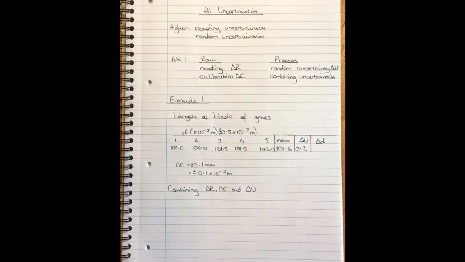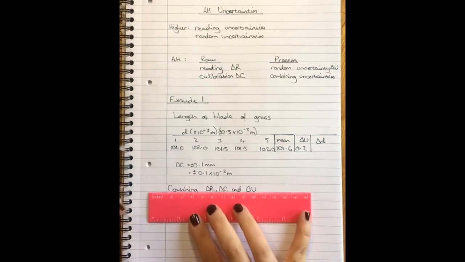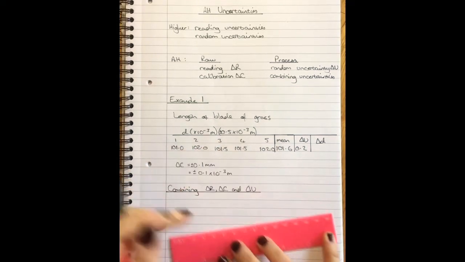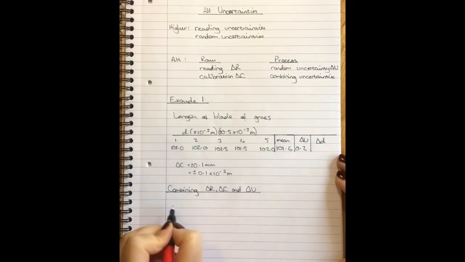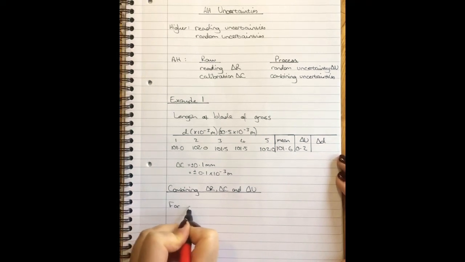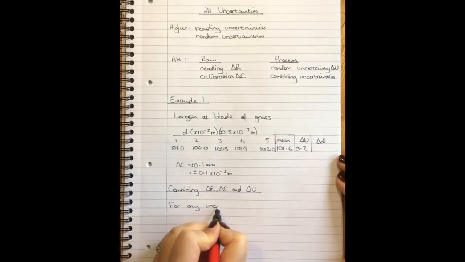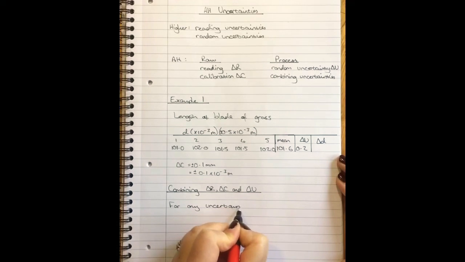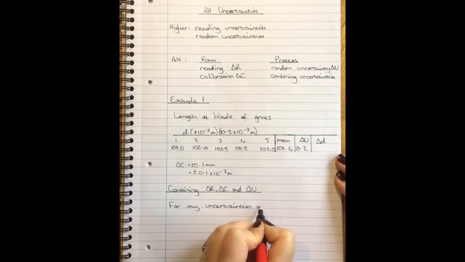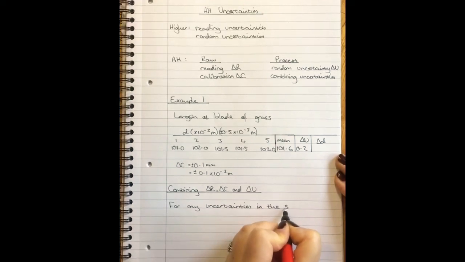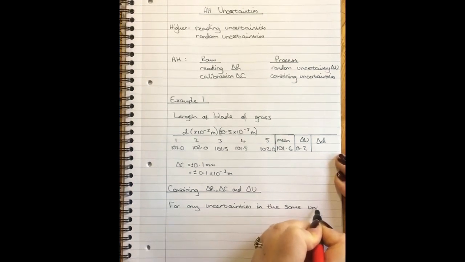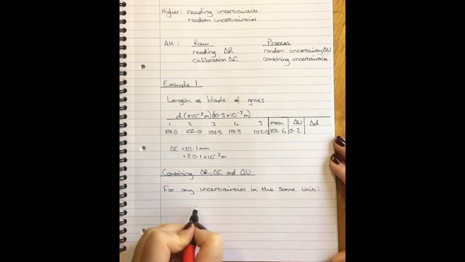Now, the important thing about these uncertainties, and the reason we use this particular combining formula, is they are in the same unit. So for any uncertainties in the same unit, we use the following formula.